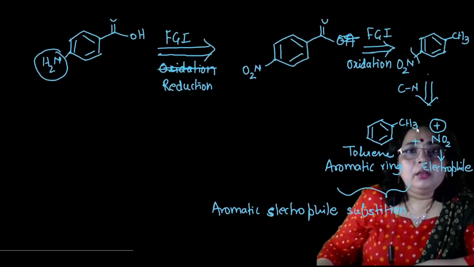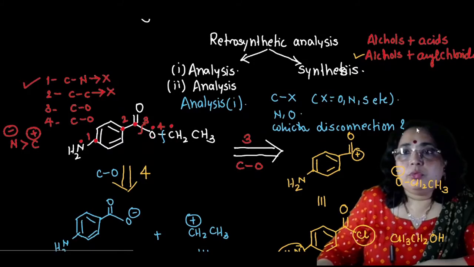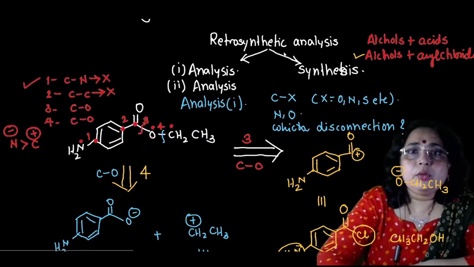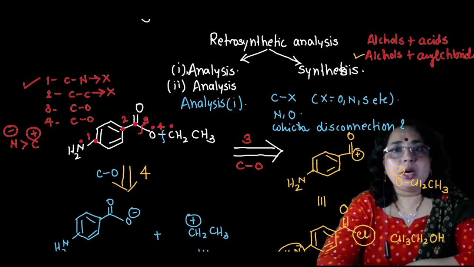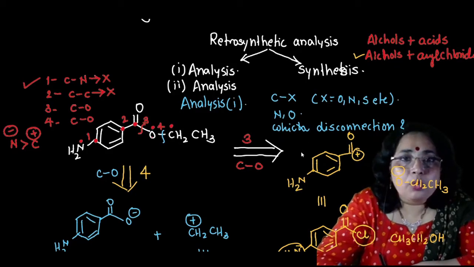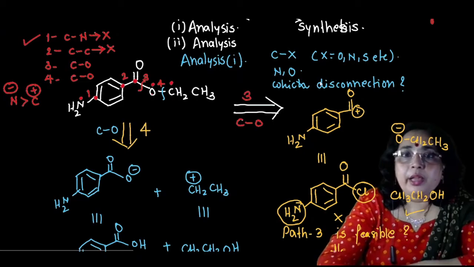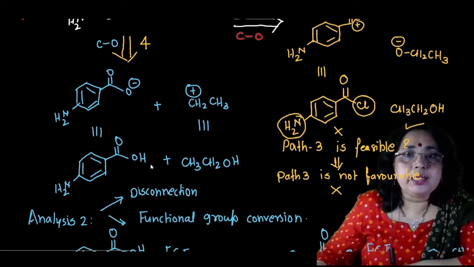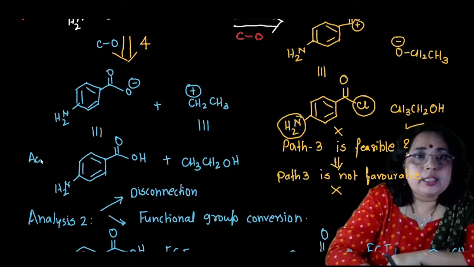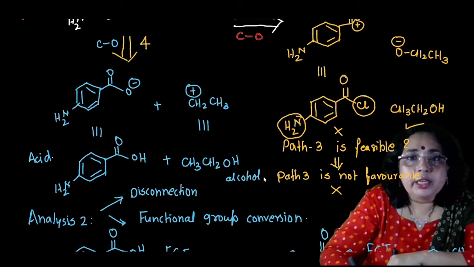Now let me once again explain this complete retrosynthesis. This retrosynthetic analysis has two parts. In the first part I used the disconnection approach, where I cut this last part and obtained the acid and the alcohol as synthetic equivalents.